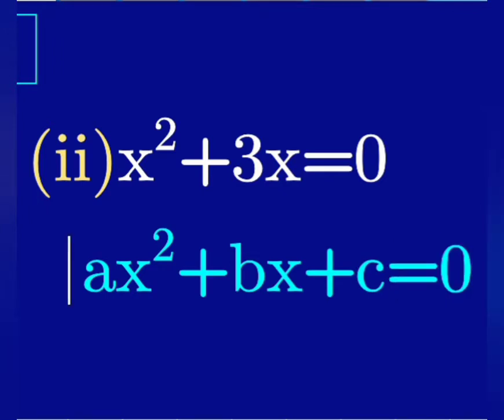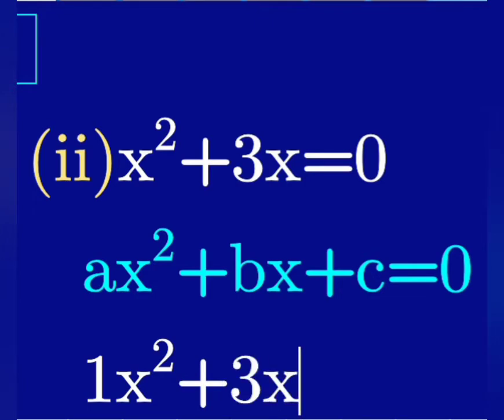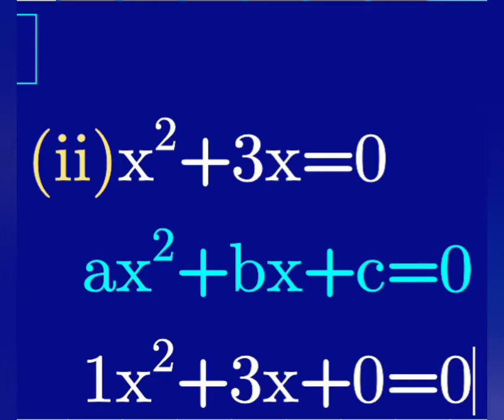Now we are writing the given question below the general form. As the coefficient of x squared is 1, we are putting 1x squared plus 3x, and there is no constant term, so we are putting 0 for the constant term.